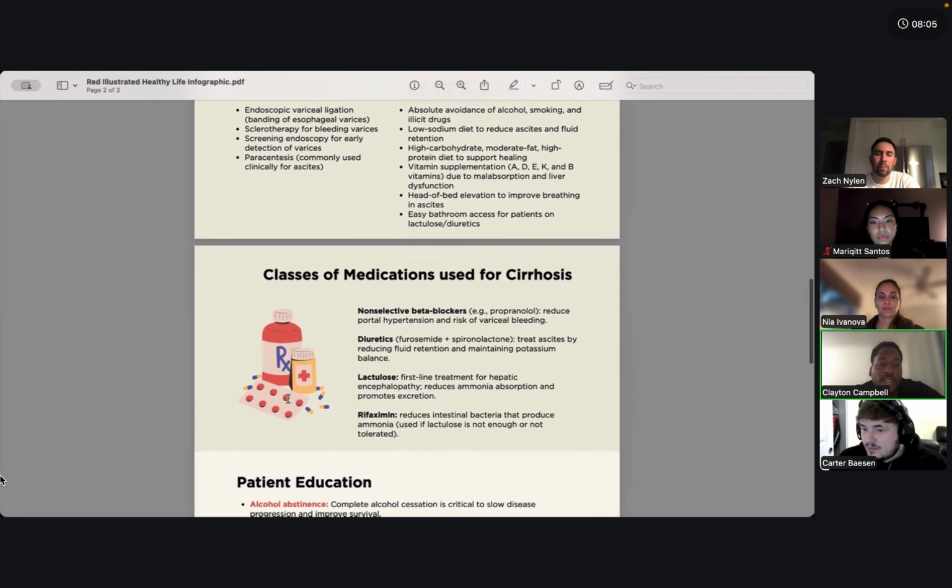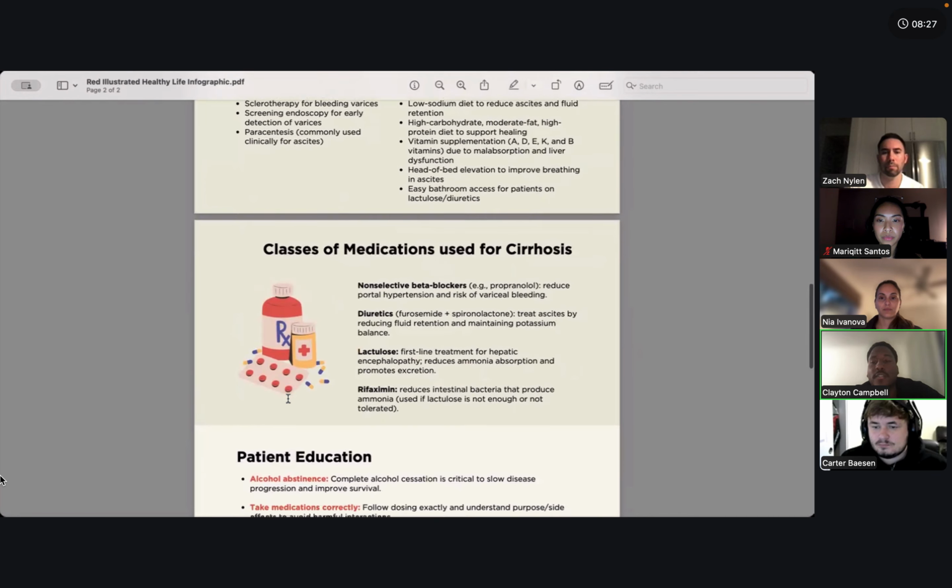Lactulose is going to be your first-line treatment for hepatic encephalopathy, and it's going to reduce ammonia absorption and promote excretion of the ammonia. And then rifaximin is going to reduce intestinal bacteria that produce ammonia, and it's going to be used if lactulose isn't tolerated by the patient.